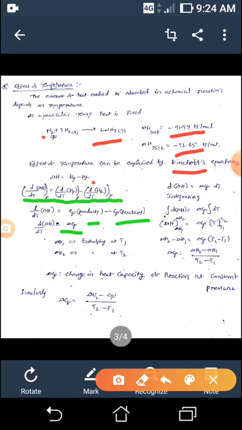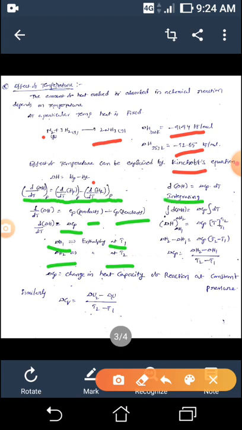Now at a temperature T1, the enthalpy change is ΔH1. At temperature T2, the enthalpy change is ΔH2. Now the equation can be written as d(ΔH) equals ΔCp into dT.